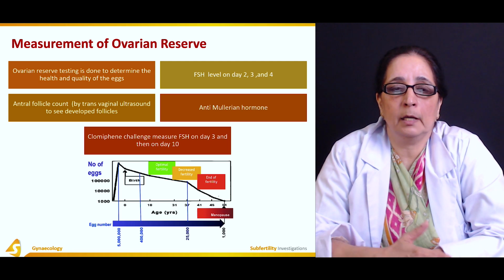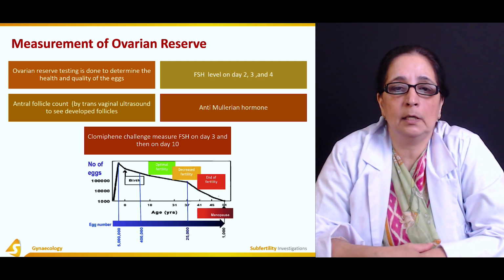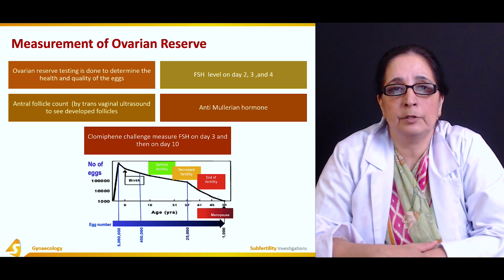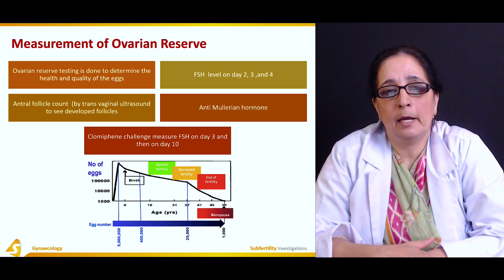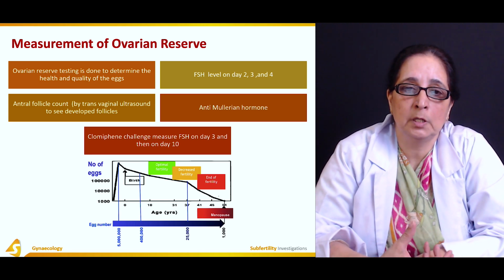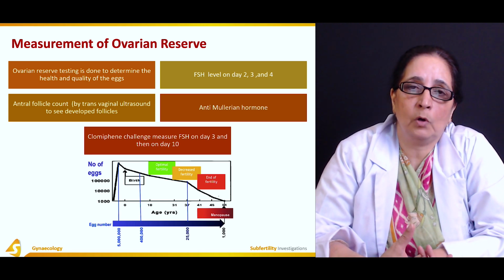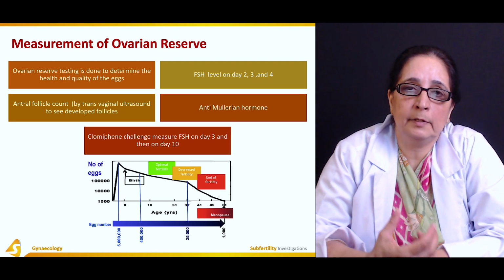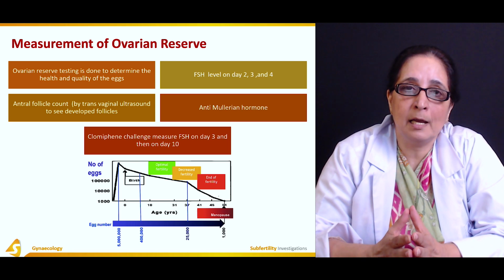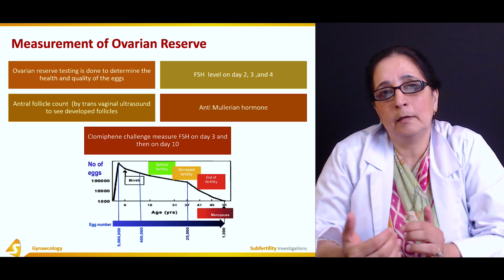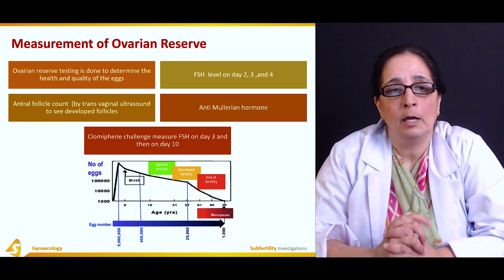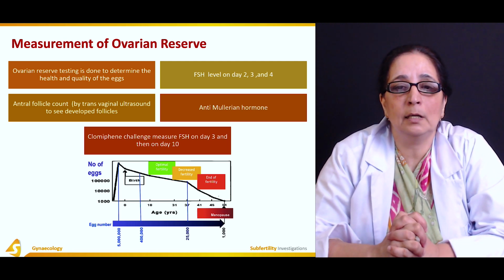And then antral follicle count is done by transvaginal ultrasound, and you count the number of the follicles produced. These are the immature follicles, follicles with immature ova. If they are in enough number, it means there is enough ability to produce mature ova. So this is antral follicle count.